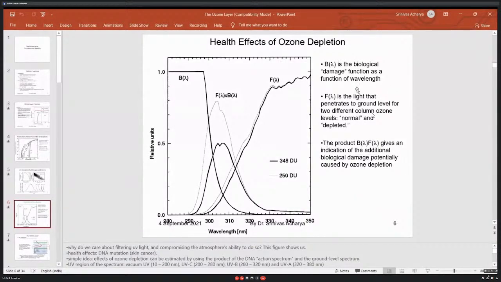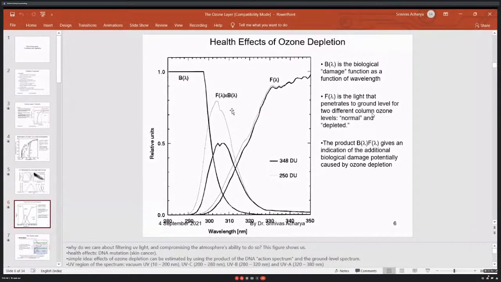The biological damage function, as a function of the wavelength, is B lambda. Here it is your biological damage potential, and F lambda is the function of the light that penetrates to the ground level for the two different ozone column levels, normal and depleted.